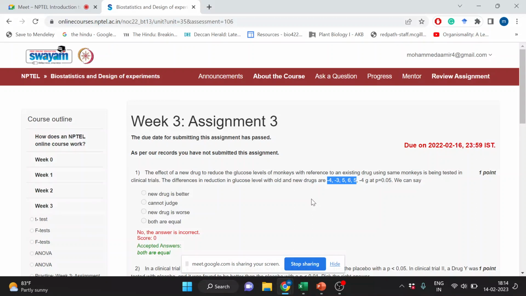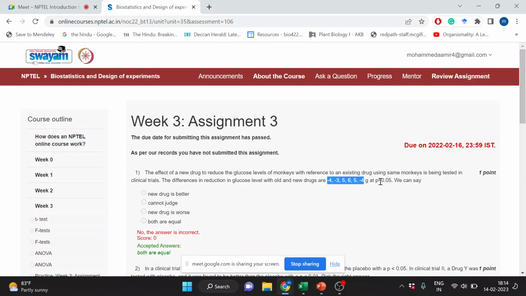For each animal, you record values for drug A and drug B, and you record the difference between these values. And these were the values that were obtained: -5, -3, 5, 6, 5, -4. Now, given this data set, you need to say whether one drug is better than the other at reducing glucose levels.